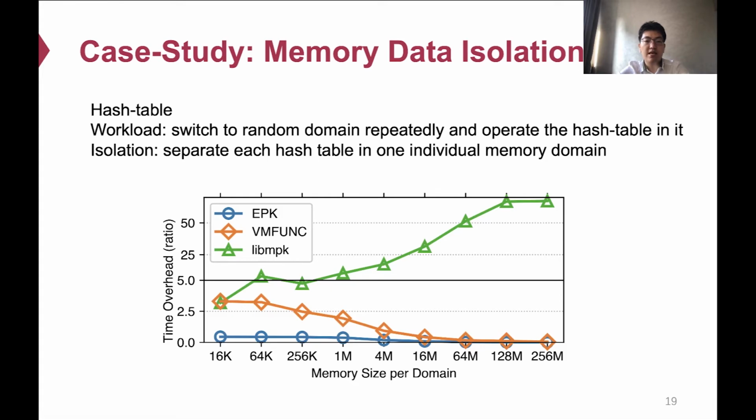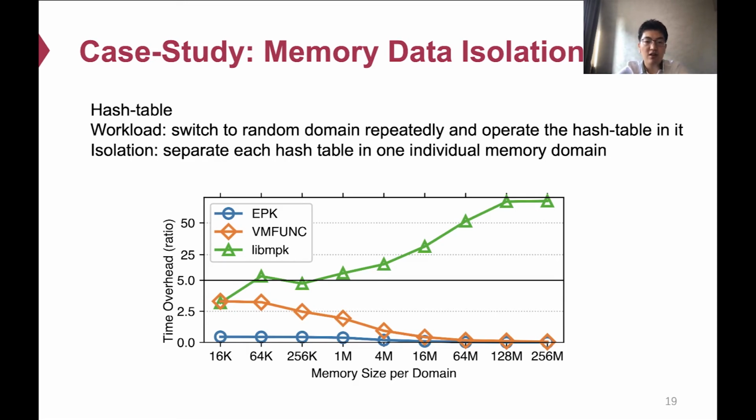Bringing intra-process memory isolation to protect NVM data has also been investigated by recent work. In this case, we create multiple memory domains with different mechanisms, and each domain contains one hash table. In this test, we fix the domain number to 32, while increasing the domain size by adding more buckets and key value pairs in each hash table.